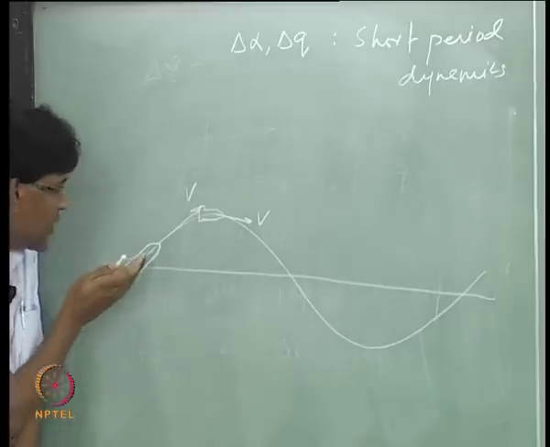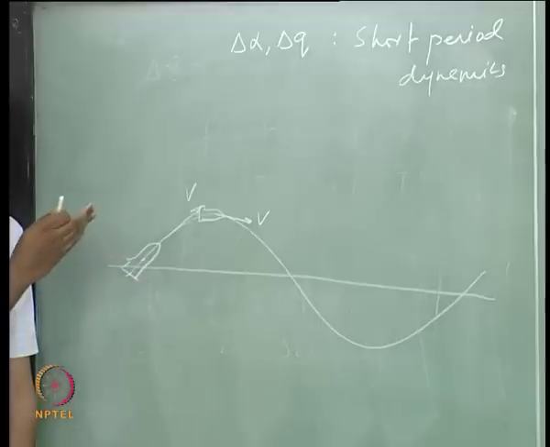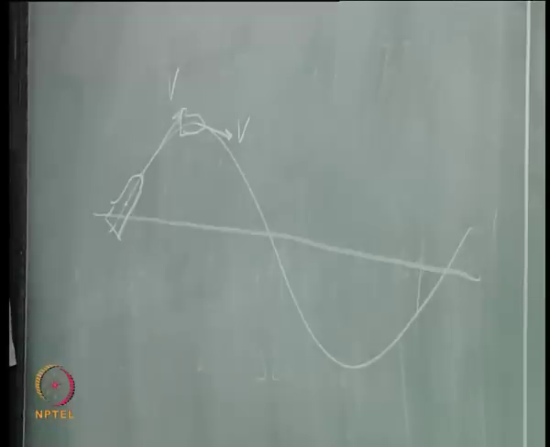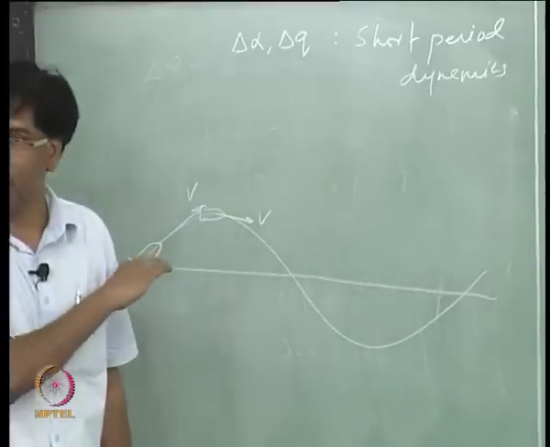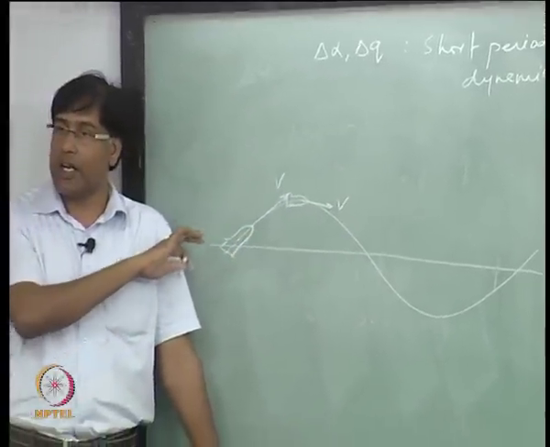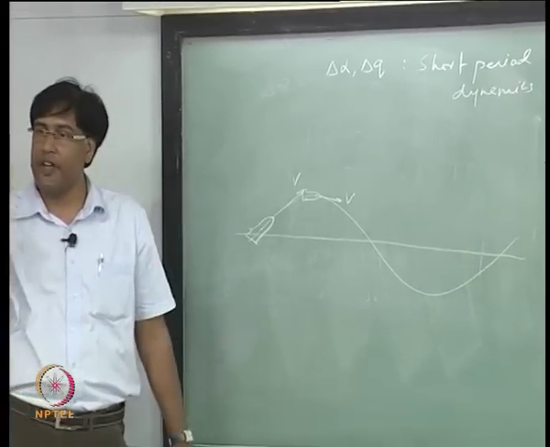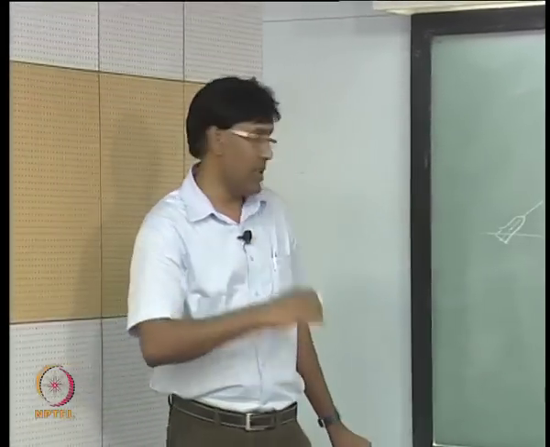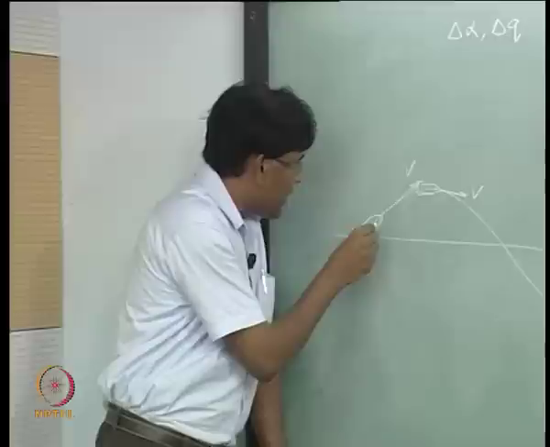What the aircraft is doing is following the velocity vector. That means the change in angle of attack is 0, right? Whether it will be 0 or not in an actual situation, because here we are making some approximations, delta alpha may be very small and not 0.